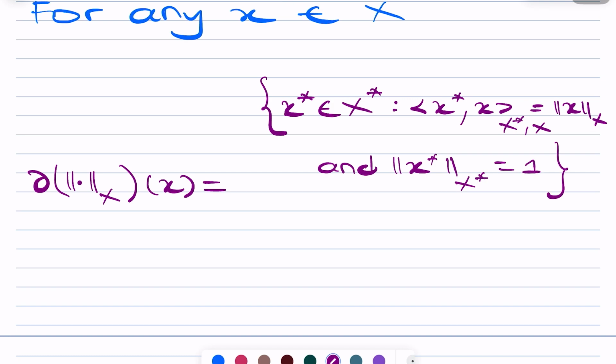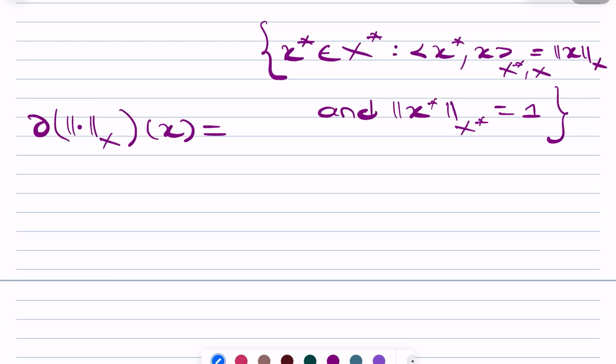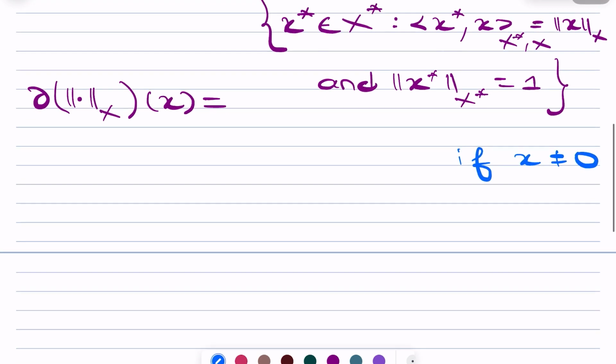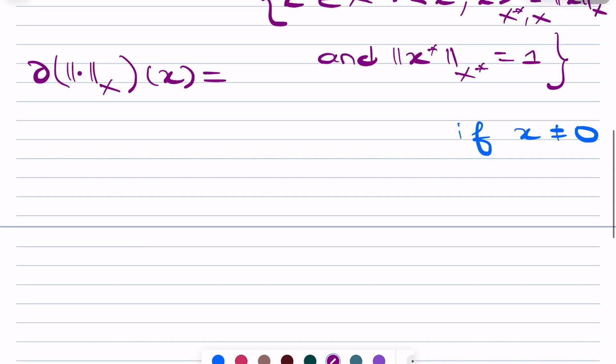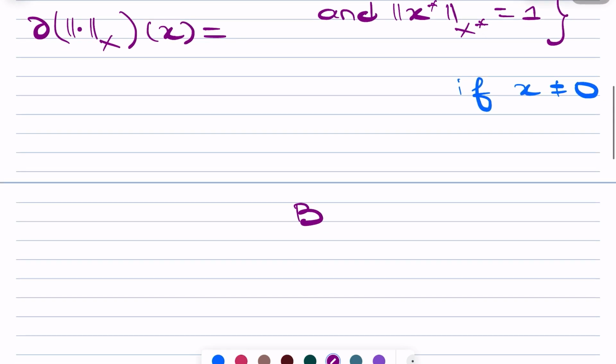This is if x is different from 0. And in the case where x is equal to 0, this is exactly the closed unit ball in X star.